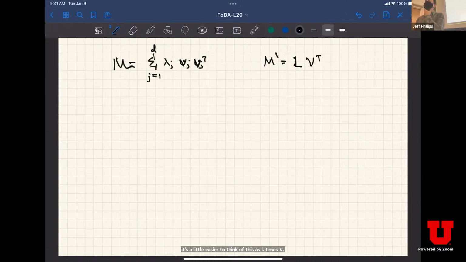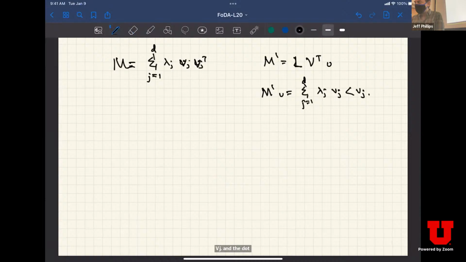So if I multiply this by a vector u, then M prime u is going to be the sum j equals 1 up to d of lambda j, vj, and the dot product between vj and u.